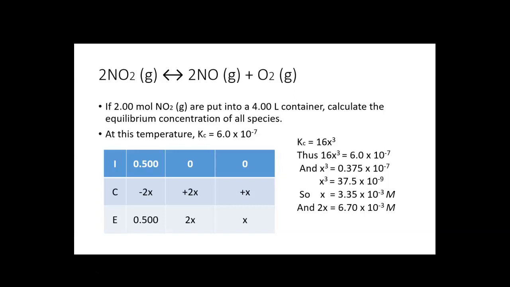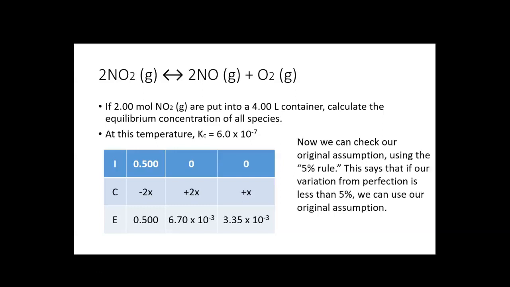Great, we've got a solution for the NO and the O2. Now we have to validate our original assumption about the equilibrium concentration of the NO2 being very, very close to its initial concentration. So let's plug in the numbers and see. Using our 5% rule, this may be a new thing to you, but it says, and this is the AP's words, if our variation from perfection is less than 5%, we can rely on our original assumption.